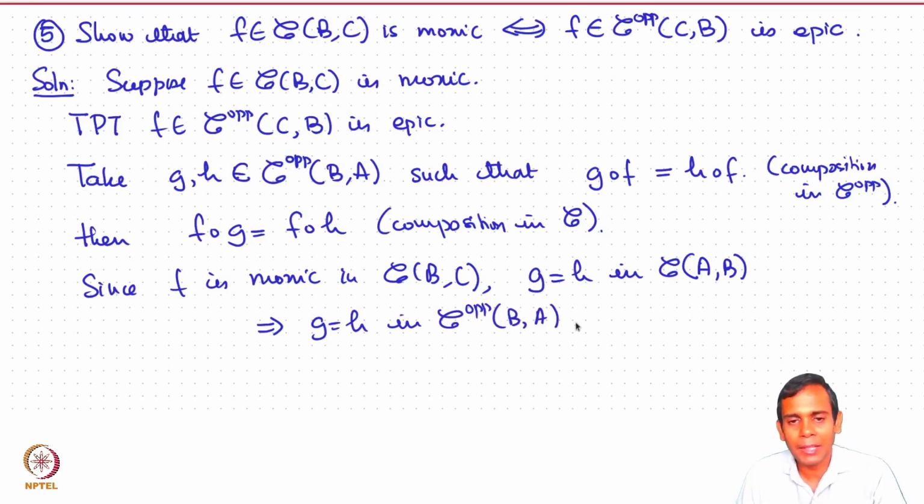The other statement can be done with a similar proof, that if F in C op is epic, then F in C(B, C) is monic. And I'll leave that for you to work out if you feel like.